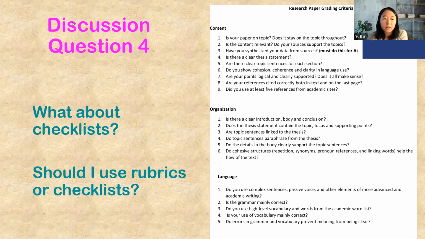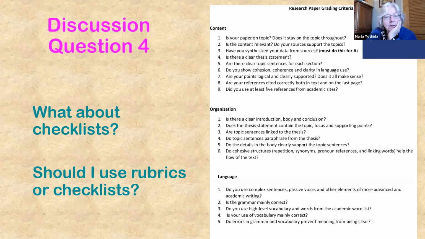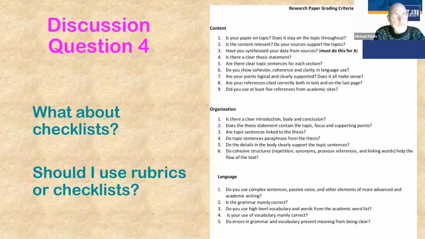I use the checklist for students' self-assessment. Yeah, and for formative assessment, as opposed to something where you have to give a grade on an important essay.